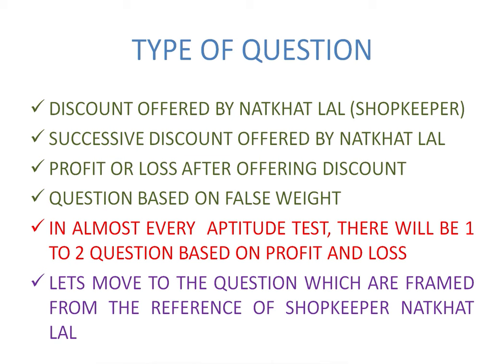In some questions, selling price will be given and then the percentage of profit or loss will be given, and we have to find out the cost price. In some questions, cost price will be given, and then we have to find out the selling price. Some questions will also be based on false weight.